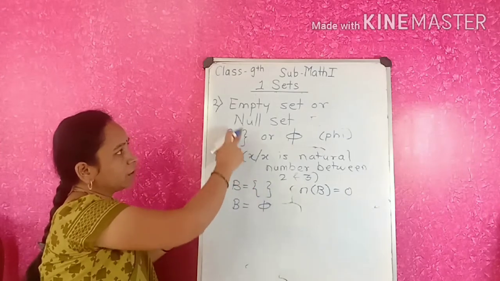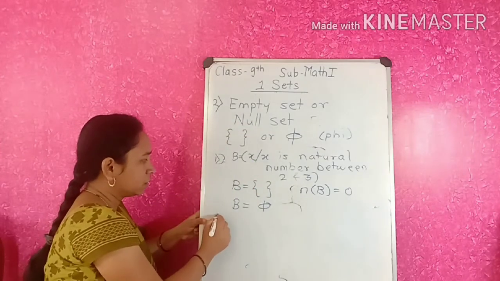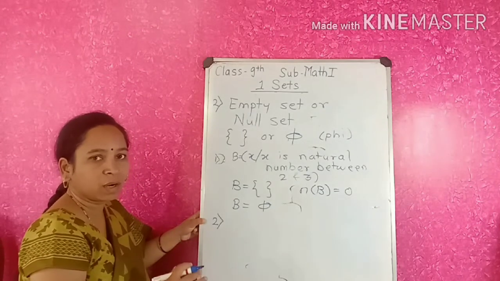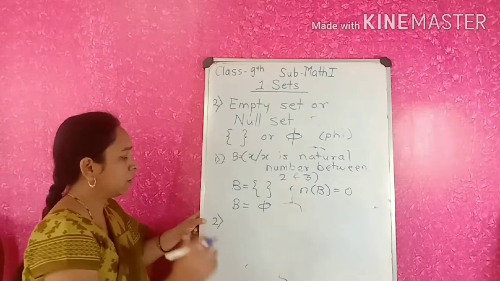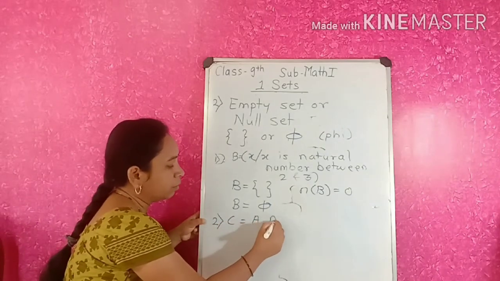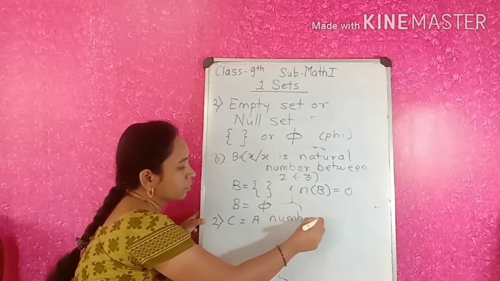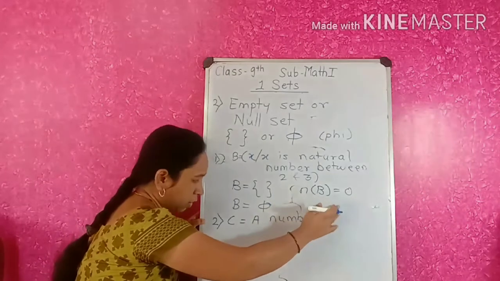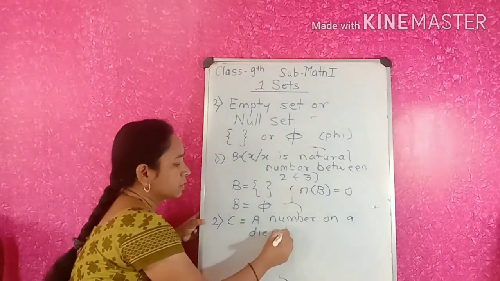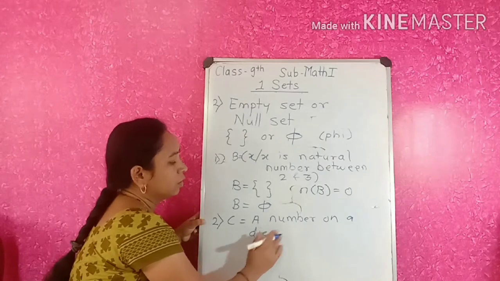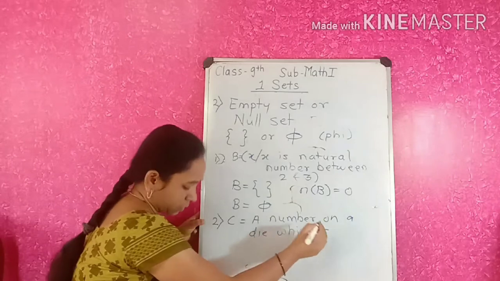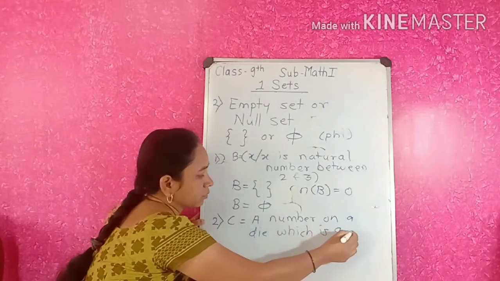What is the meaning of it? Empty set or null set. Second example, you know the die has the numbers 1, 2, 3, 4, 5, 6. So if I consider C is a set which has a number on a die which is greater than 6.